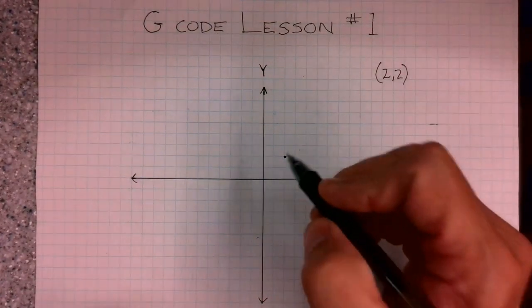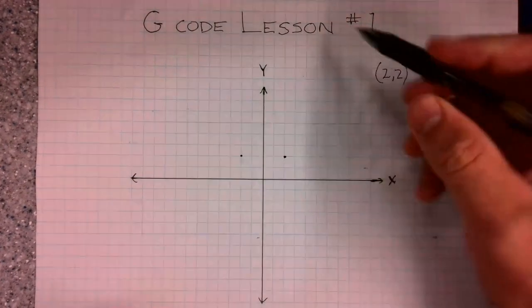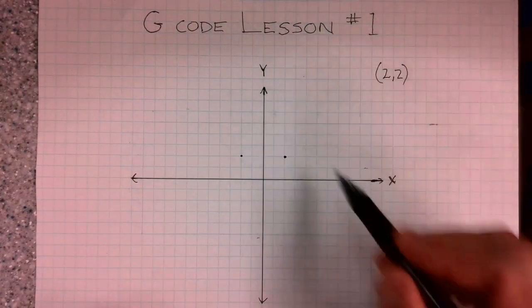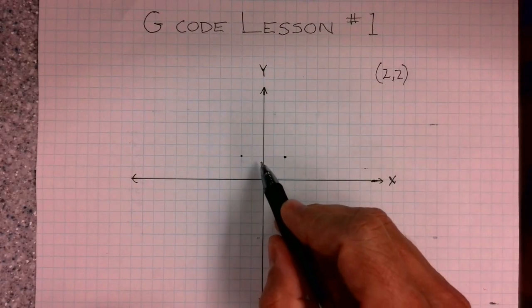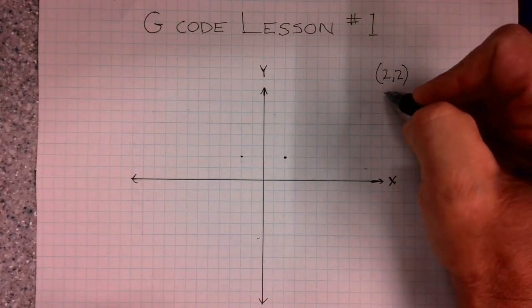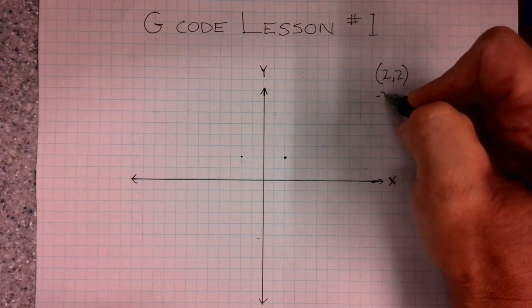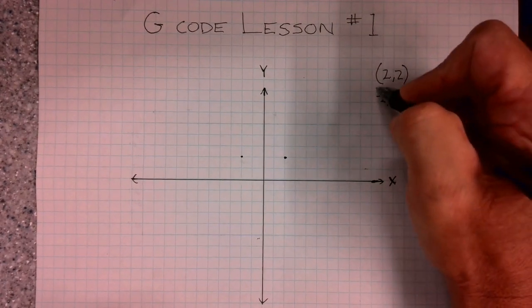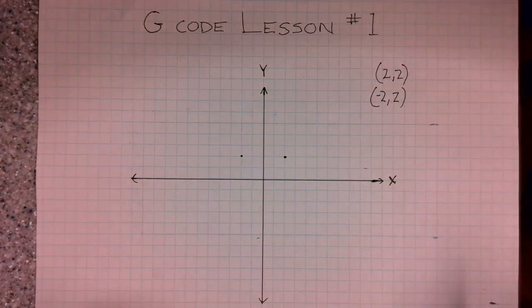And if we pick this point, this being the y-axis, this being the x-axis, this would be (negative 2, 2), the x coming first, in parentheses.